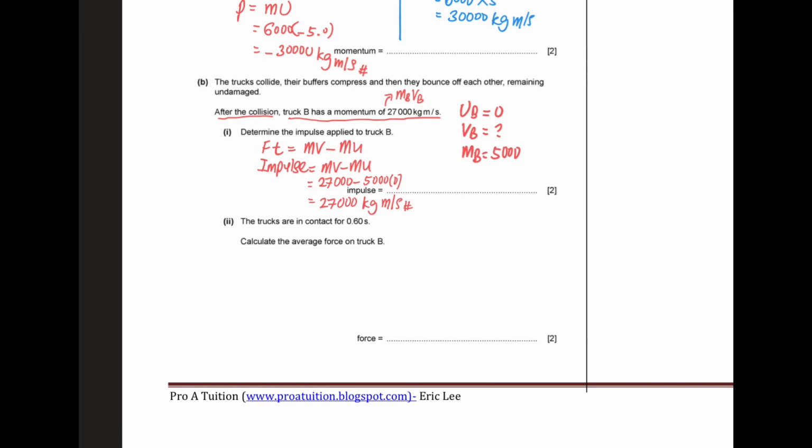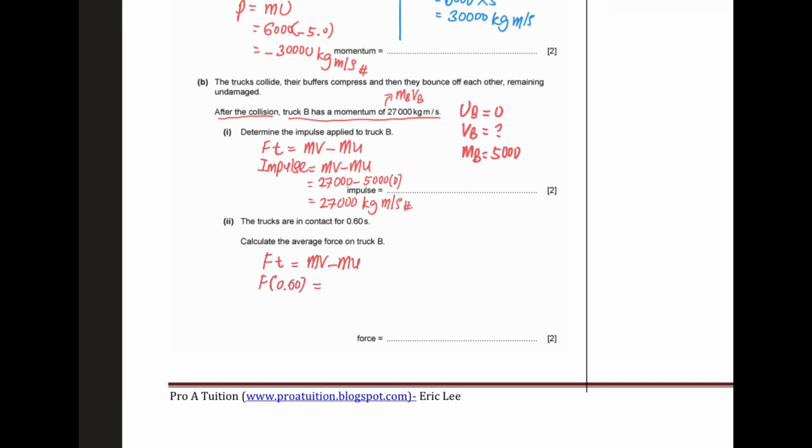We look at part 2. Okay, so the trucks are in contact for 0.60 seconds. Calculate the average force on truck B. So now we use Ft equal to mv minus mu.